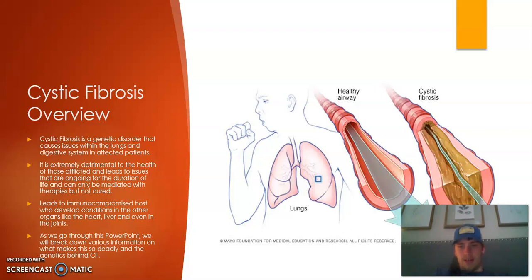There is no technical cure to cystic fibrosis, but it is helped through different immunotherapies. It leads to immunocompromised hosts who develop other conditions in other organs like the heart, liver, and even in the joints. As we go through this PowerPoint, we will break down various information on what makes this so deadly and the genetics behind cystic fibrosis.